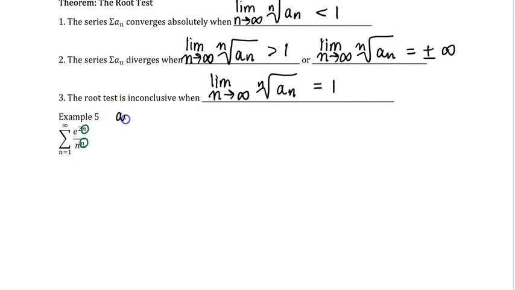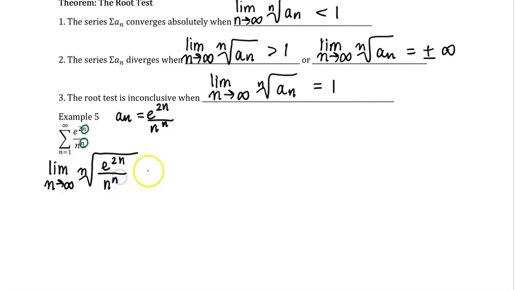In this case, our a sub n is e to the 2n divided by n to the n. I'm going to look at the limit as n approaches infinity of the nth root of a sub n. Now the nth root is the exact same thing as an exponent of 1 divided by n.